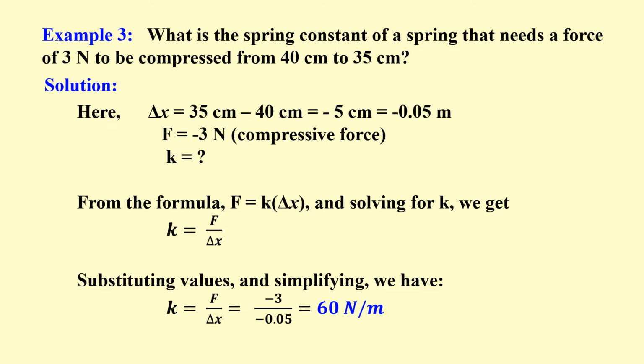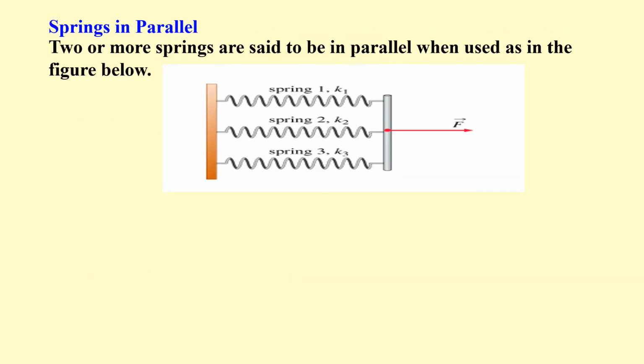The force here is negative 3 newtons because it is a compressive force, and we are required to find the spring constant k. So, from the formula F equals k times delta x and solving for k, we get k equals F over delta x. Substituting values and simplifying, we have k equals 60 newtons per meter.